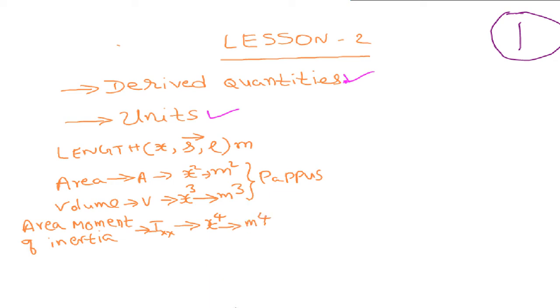Okay, having seen these, let us try to see how we can combine one or more of the fundamental quantities to form new derived quantities. Let us say we are trying to combine length, whose symbol is X or S or L, with units meters, and duration, which we represent by symbol T, whose units could be either seconds or hours.